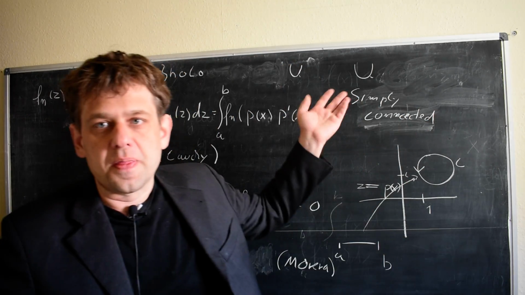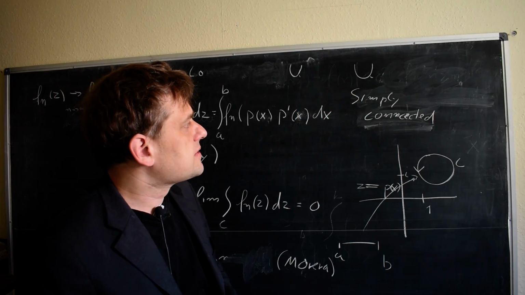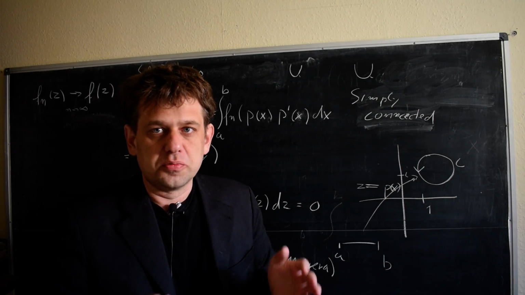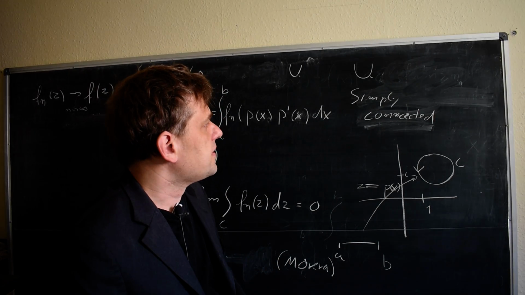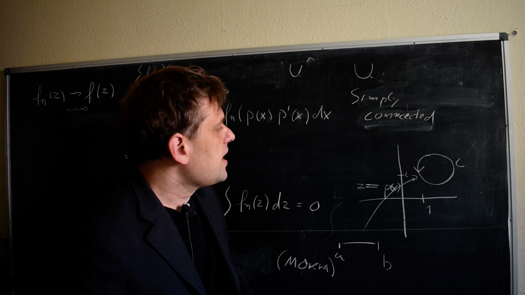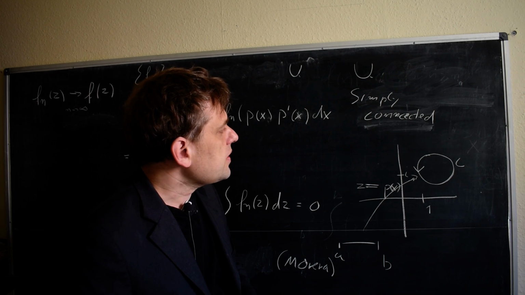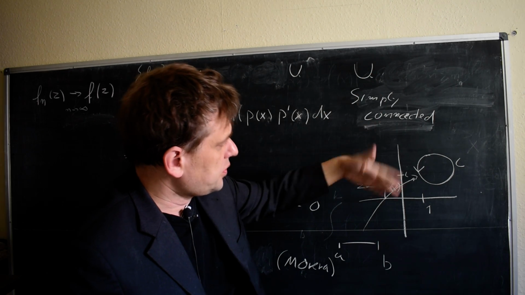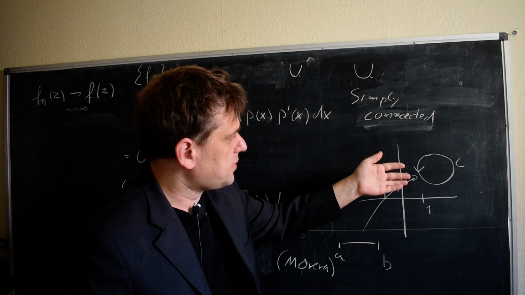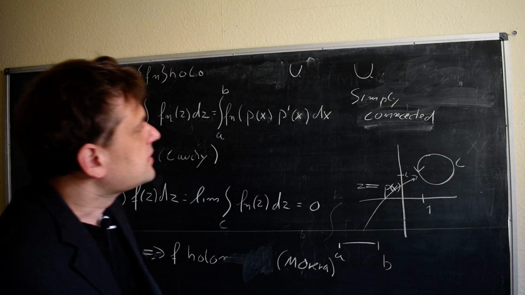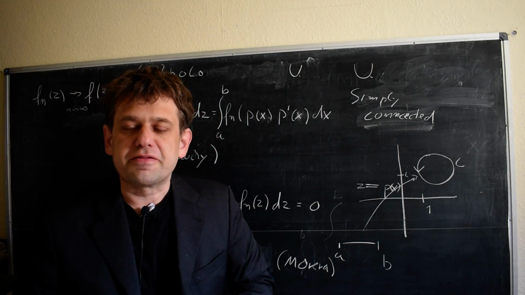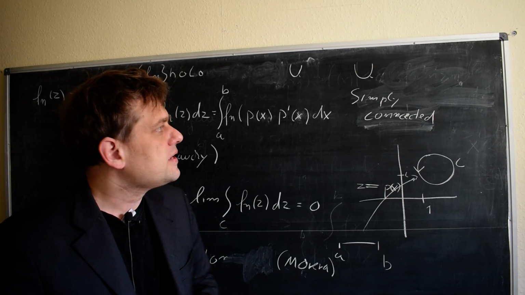Right, which means the fundamental group is trivial, or you can shrink every loop to the constant loop. This is what simply connected means. And so we have this function f, which is defined on U, which is of course in the complex plane. And you would like to establish that this function f is holomorphic.